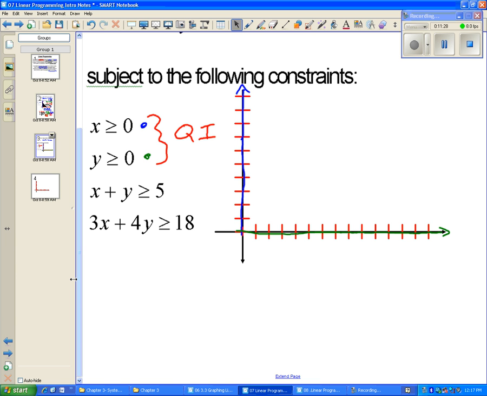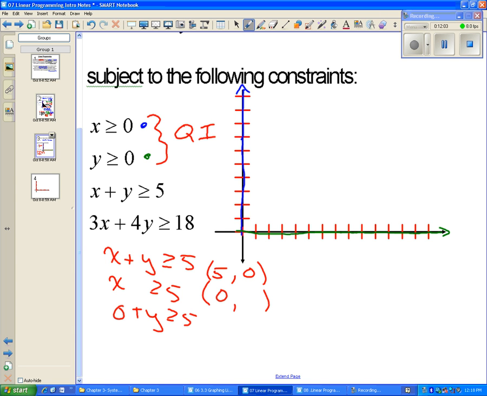Now I have 2 equations that I need to go ahead and graph. The first equation is x plus y is greater than or equal to 5. So I'm going to find my 2 intercepts because I'm using my x and y axes. My x-intercept is something, 0. My y-intercept is 0, something. So I plug in 0 for y, and I get x is greater than or equal to 5. I plug in 0 for x, and I get y is greater than or equal to 5.